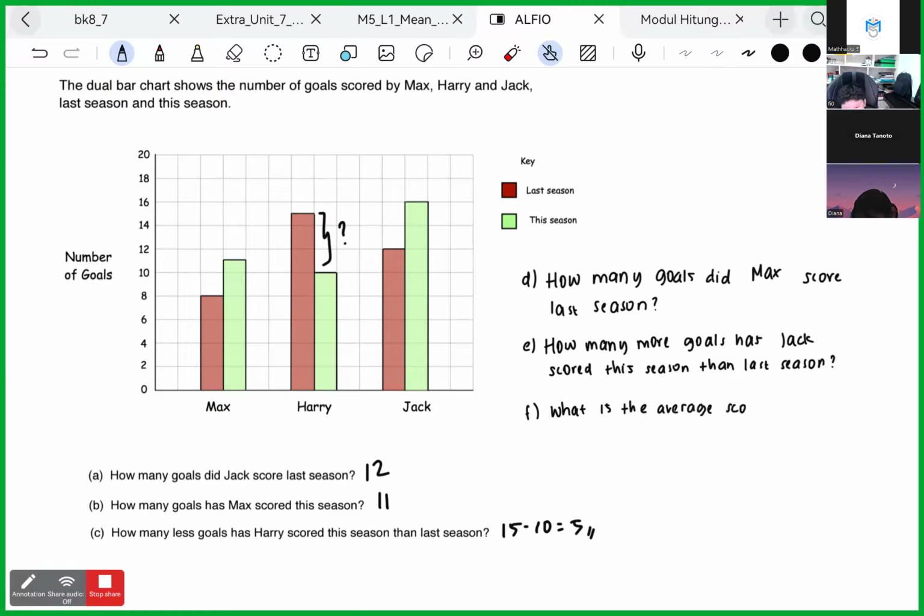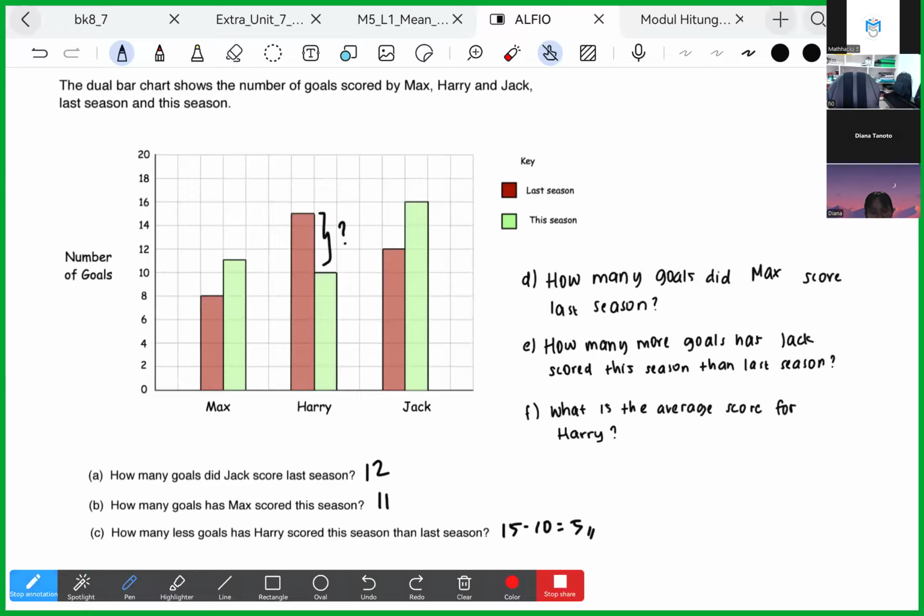How many more goals has Jack scored this season than last season? 4 more goals. What is the average score for Harry? Okay, you can write your answer on the screen. 12.